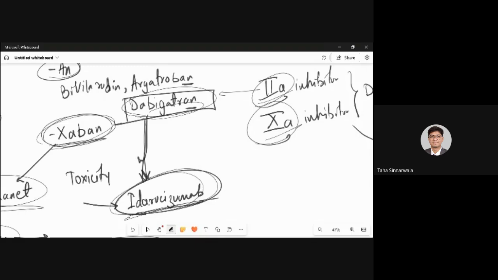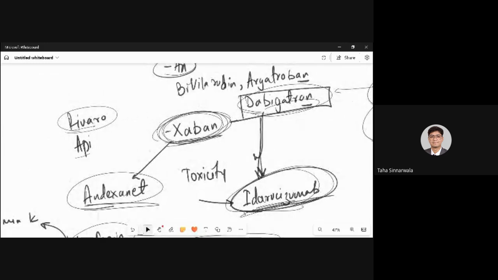This is the only medication which can reverse the toxicity, which is idarucizumab. If you have a factor 10A toxicity, idarucizumab won't work. Instead, you will need to give them andexanet. And then andexanet won't work for dabigatran toxicity. These are two separate medications.